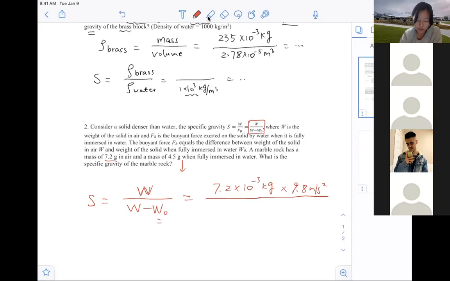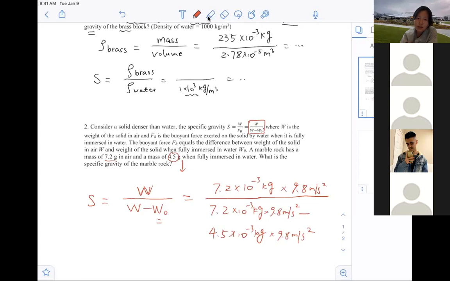The weight in water is the same, 7.2. This is still going to be the weight in air minus its weight in water, so 4.5 grams. Convert that to kilograms, multiply by g, and you get that.